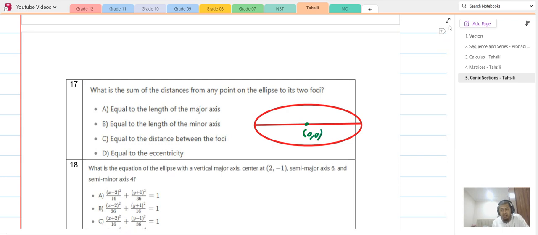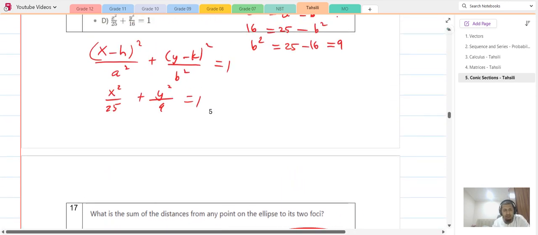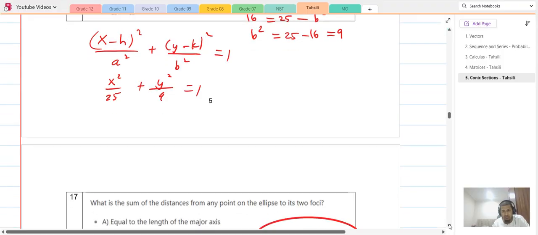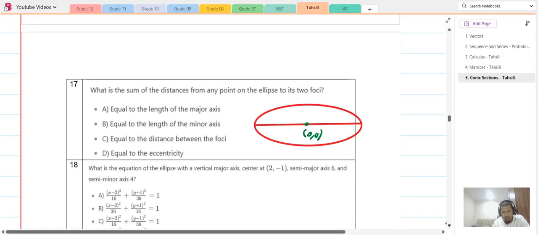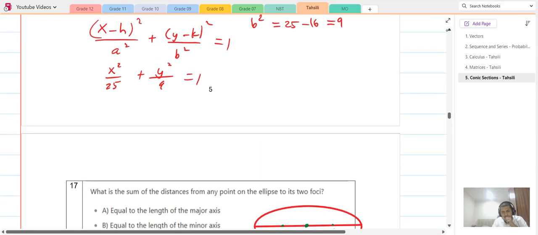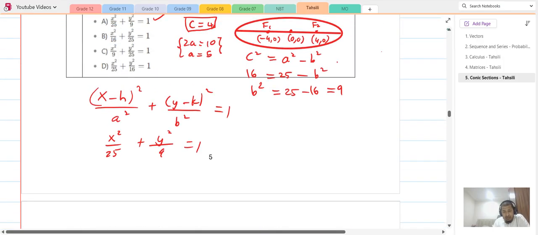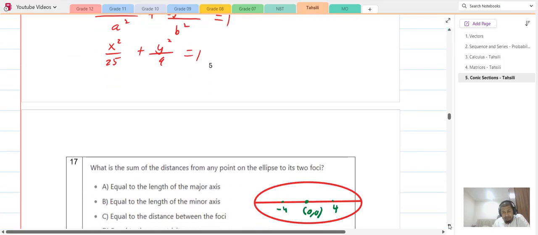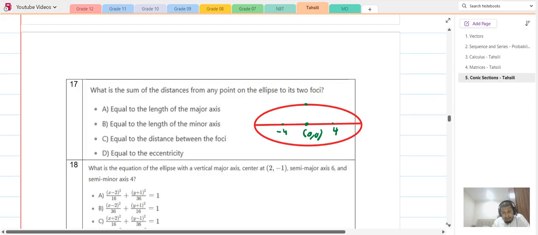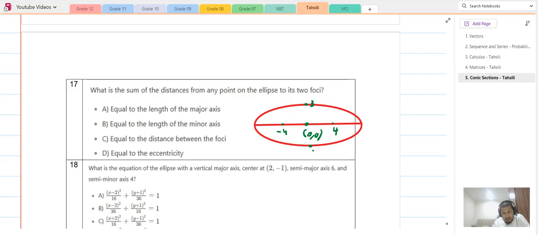Let's just take, for example, the above equation. So I'm just going to draw that over here. So we have minus 4 and 4, and that is 25 and 16, right? That should be 3 and that should be negative 3.